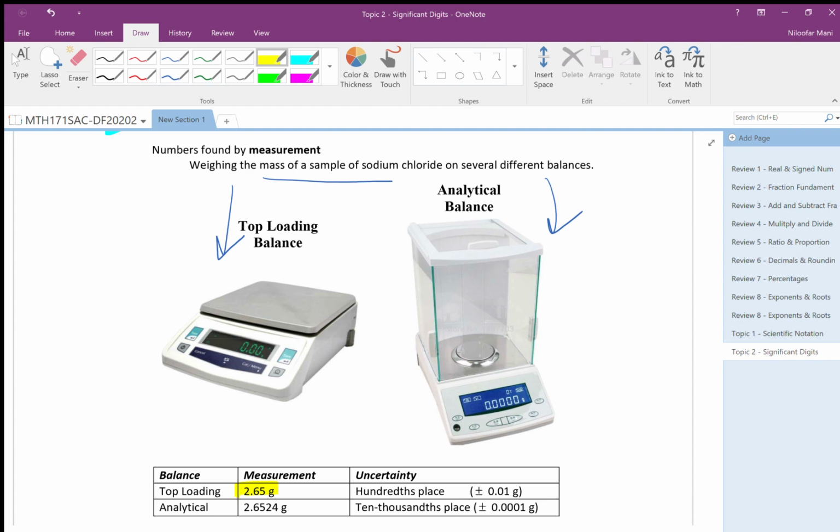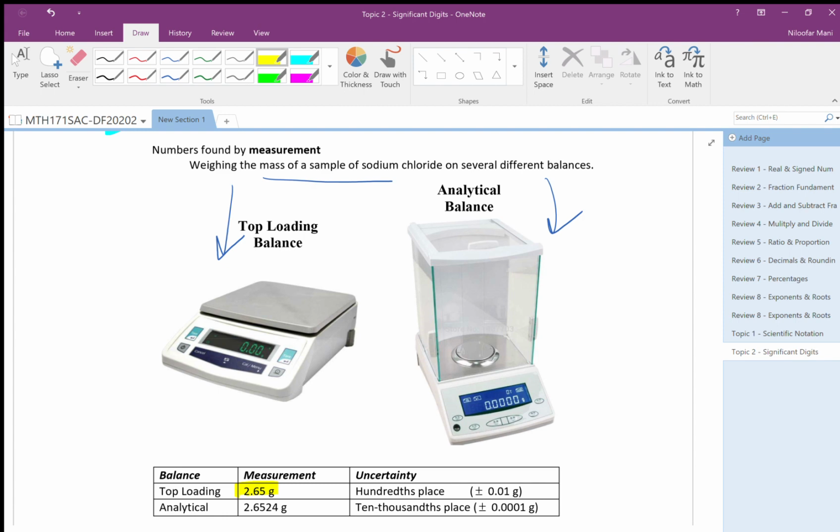So after 5, maybe I have another digit, but it doesn't show me because it's just this device, this scale. This scale is designed to show just 2 digits after the decimal. That's the measurement of precision.